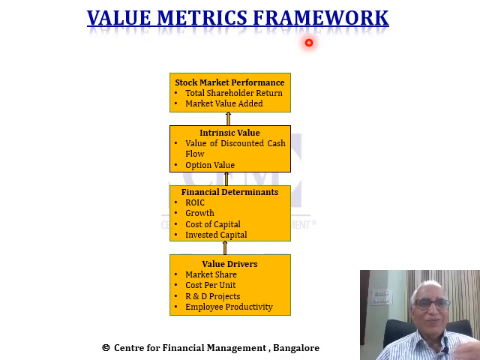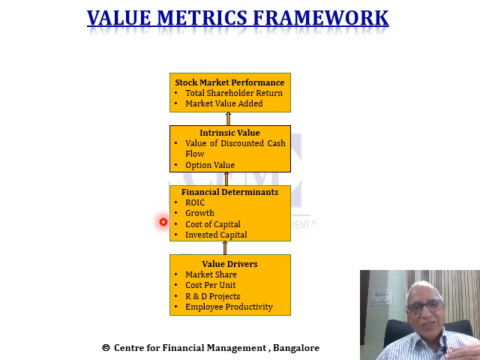We can look at a value metrics framework in terms of four levels: value drivers, financial determinants, intrinsic value, and stock market performance. Value drivers are factors like market share, cost per unit, R&D projects, employee productivity. Financial determinants are return on invested capital, growth, cost of capital, invested capital.